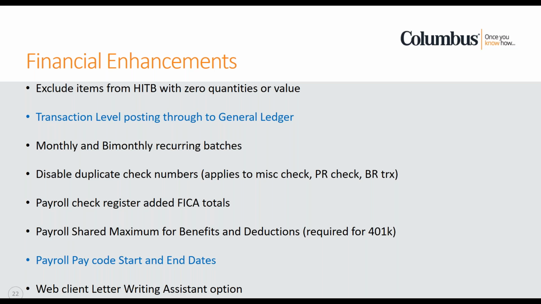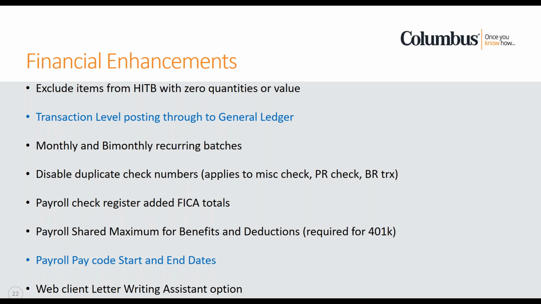And so this feature now extends the disabling of the duplicate check numbers into really any place you can write a check. So payroll, banking, or the miscellaneous check feature, which a lot of people don't use. But so it's virtually throughout the system now. Nice feature there if you're audited. The auditors will like that.